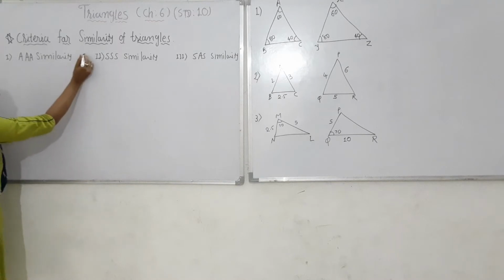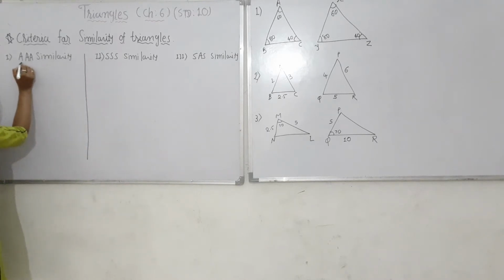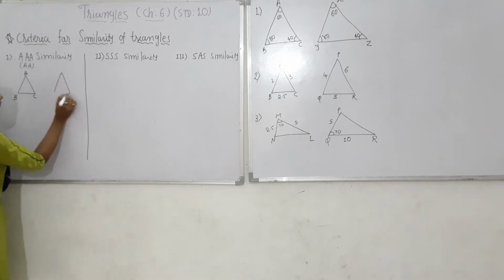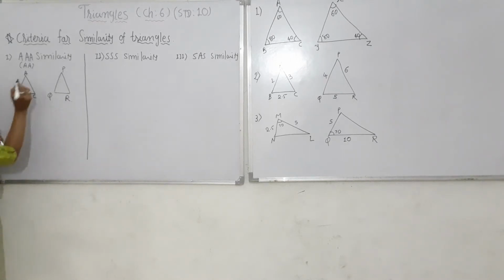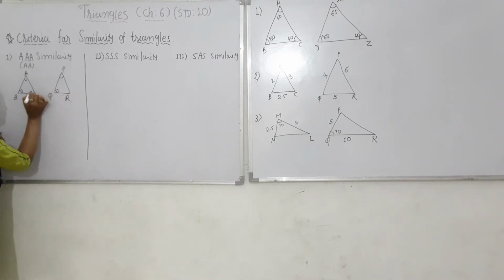AAA similarity, what does that mean? You can say this is AA similarity also. Whenever you have two triangles, suppose one is ABC and the other is PQR, and you don't know about the sides or ratio information, but you know their corresponding angles are equal.